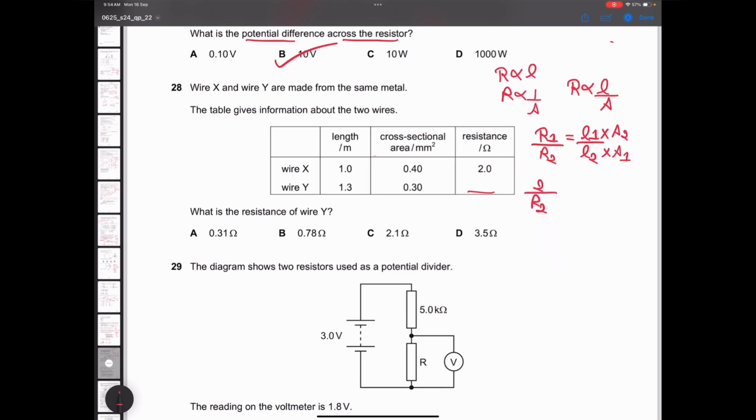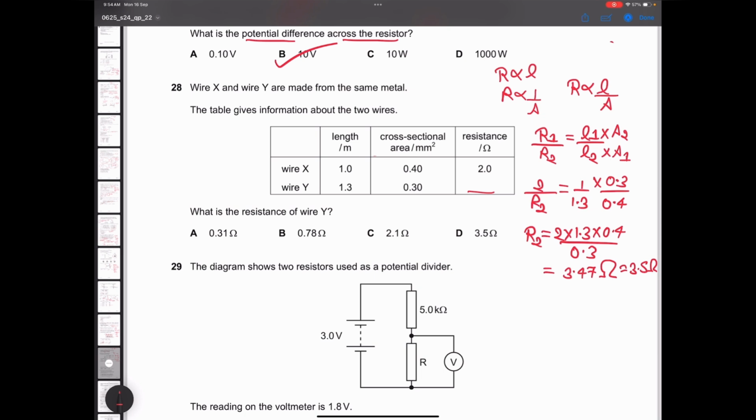R2 we are trying to find out. L1 is 1. What is L2? 1.3. What is A2? 0.3. What is A1? 0.4. Rearrange the equation. R2 is equal to 2 times 1.3 times 0.4 by 0.3. If you solve this, the answer will come out to be nearly 3.47, which is nearly equal to 3.5 ohms.